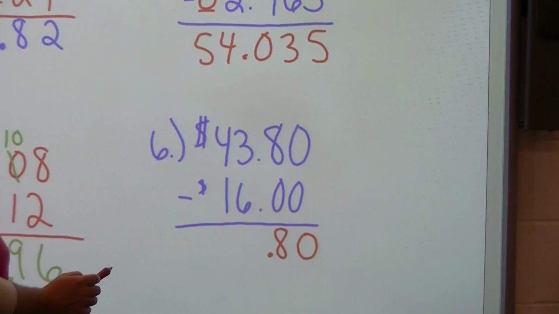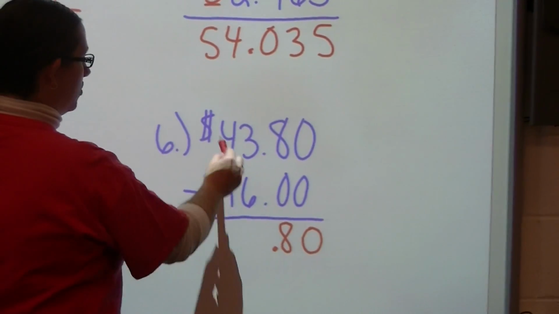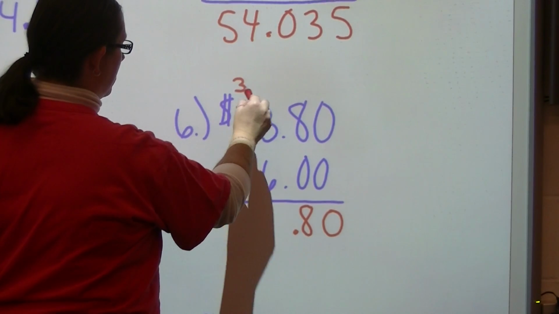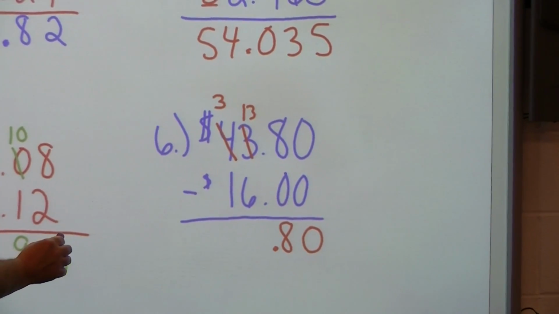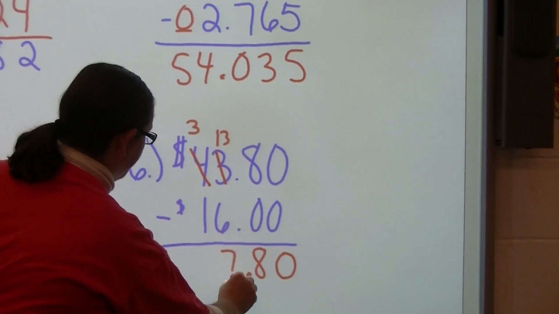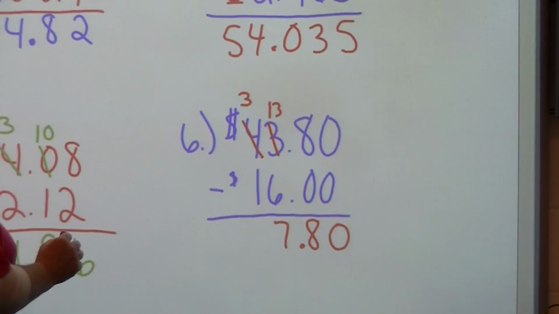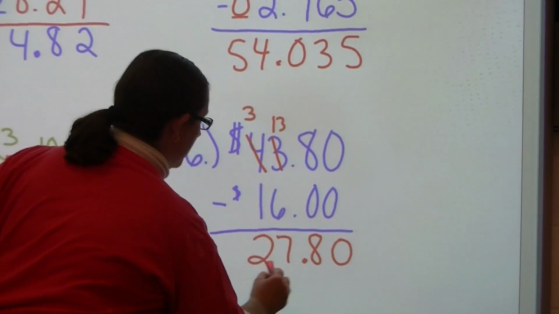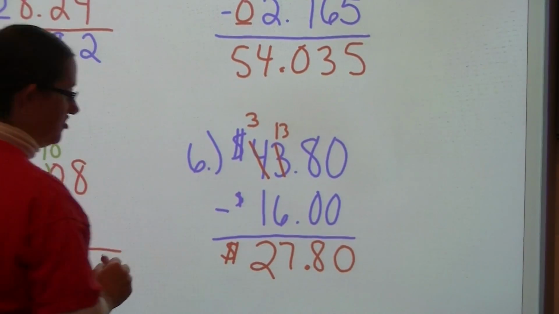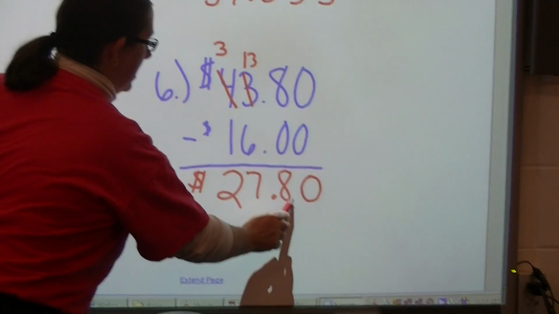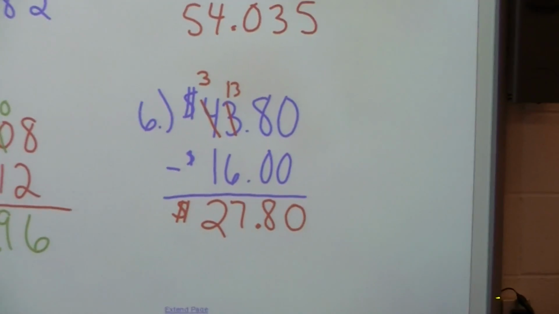Can I do that? No, 3 is not bigger than 6, so we need to borrow. 4 becomes a 3, and this becomes 13. 13 take away 6 is 7. And 3 take away 1 is 2. So now we have 27 what? Dollars. Get your dollar sign in there. And 80 cents. All right, good job, 5th grade.